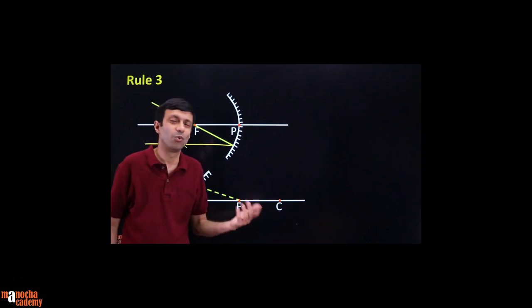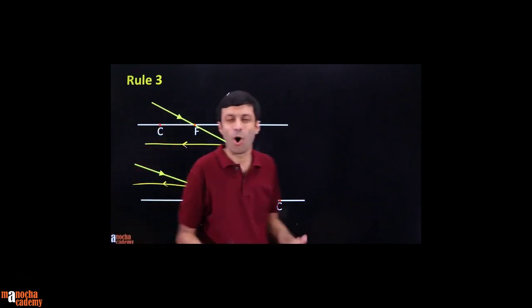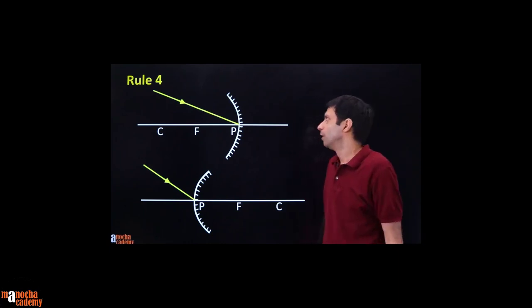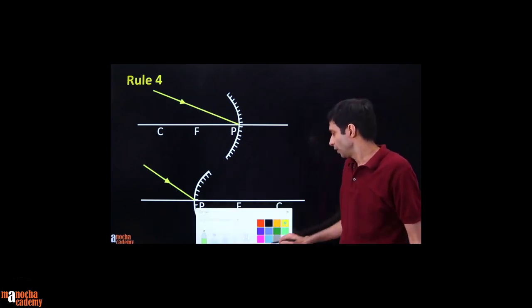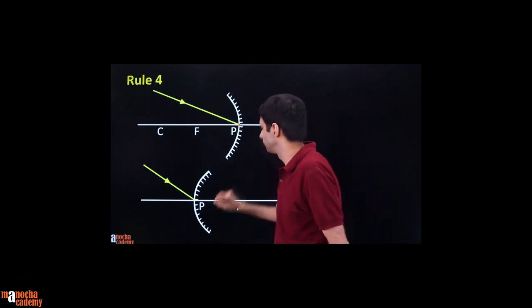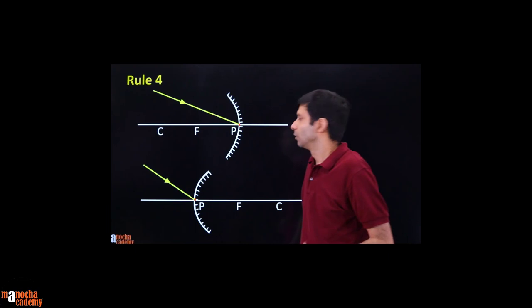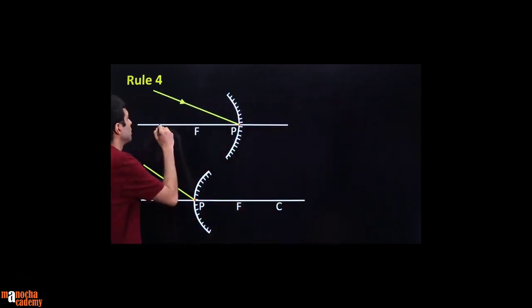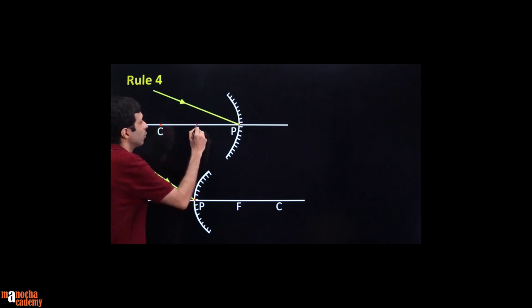So just remember, rule 1 is the reverse of rule 3 here. There is one more rule. Rule 4, if the ray of light is falling exactly at the pole, so the point of incidence is the pole, what is going to happen here? Remember the center of curvature and the focus here.